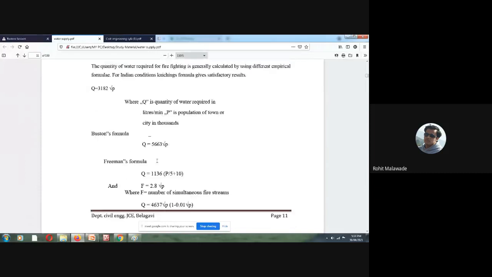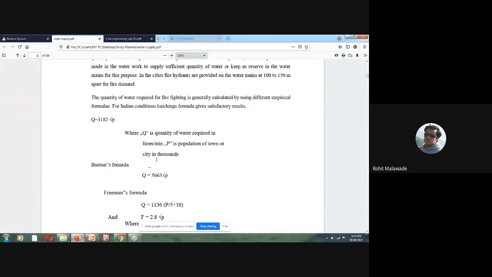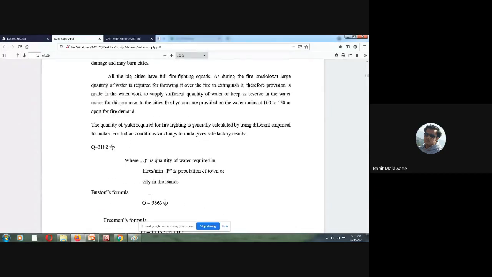Okay. So in order to find out the quantity of water required to fight such fire accidents, we are going to develop some formulas, that is, to find out the quantity of water required in case of fire accident in liters per minute.